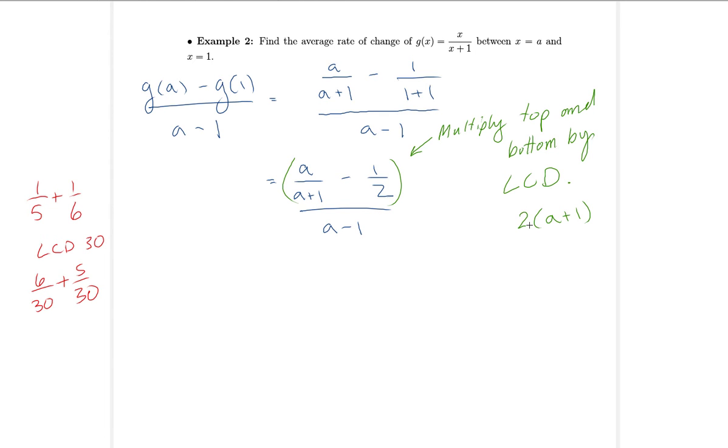All right, so when I do that, I am then going to multiply on top by that LCD, but that's only legal if I also multiply on bottom by that LCD. Right? So on the top and the bottom of the big fraction, I'm multiplying by that least common denominator.